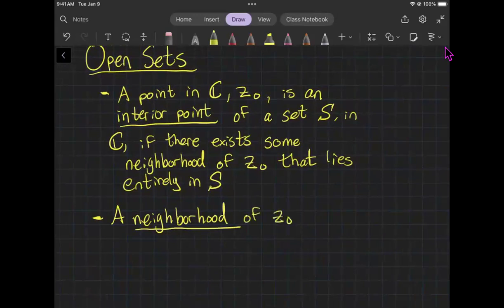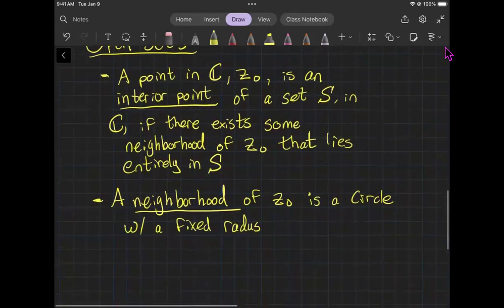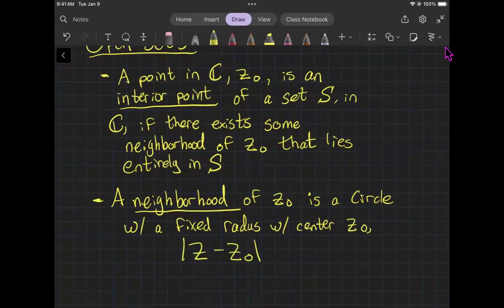of z0 is a circle with a fixed radius with center z0. So this is a neighborhood of z0. Okay, so this is the definition.